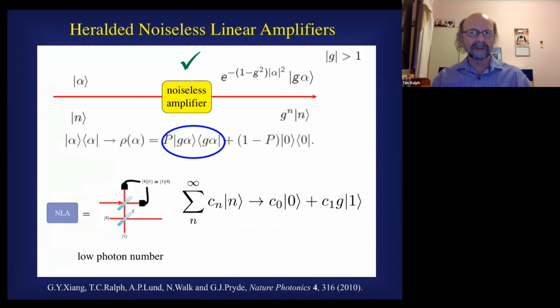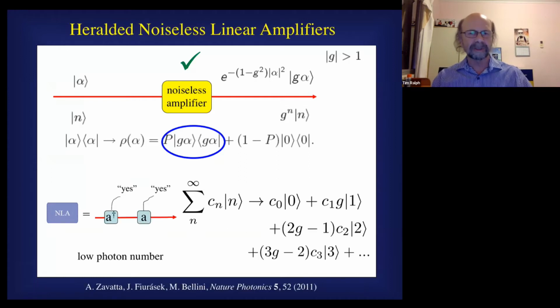So how do you do this in the lab? The first demonstration was by Jeff Pryde's group using a modified quantum scissor. And what that enables is to correctly amplify the 0 and 1 component of your state, but then truncates all components above that.